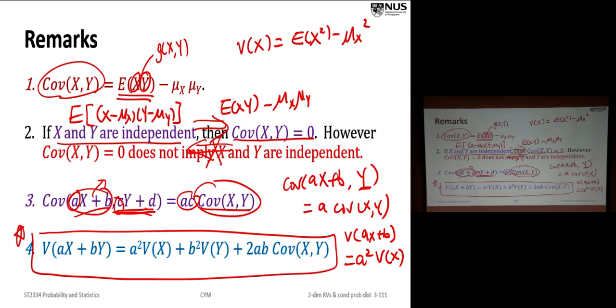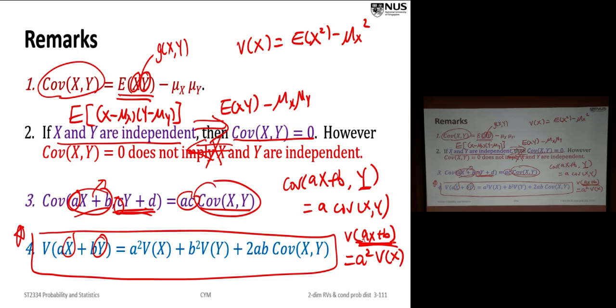Okay, this formula applies to a new random variable which is the sum of two, or a linear combination of two random variables. Compare with this one. This one you still have one random variable. The other term b is a constant. All right.